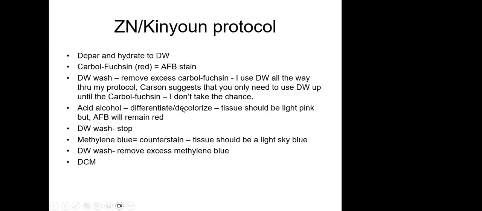This is referred to as differentiating or decolorizing. And it's going to take that red out of your tissue and leave behind a really light pink faint staining. But your AFB, your acid fast bacillus, is going to remain red. Then you're going to water wash to stop that differentiation from happening.